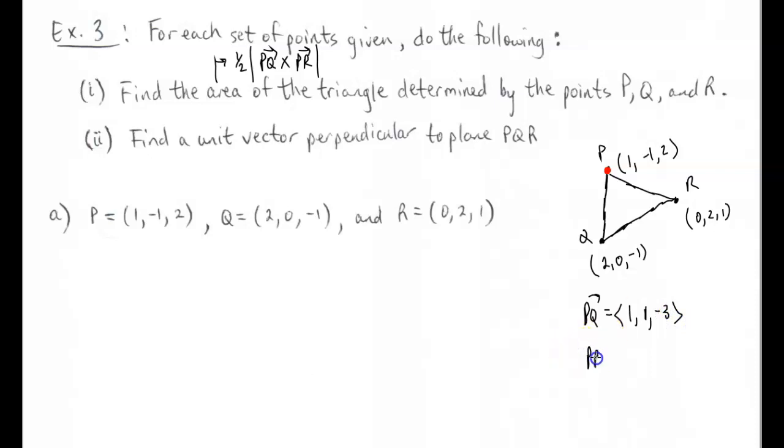Our vector PR, we go from P to R, so 0 minus 1 is -1, 2 minus -1 is going to be +3, and 1 minus 2 is -1. And let's fix that negative that's there.